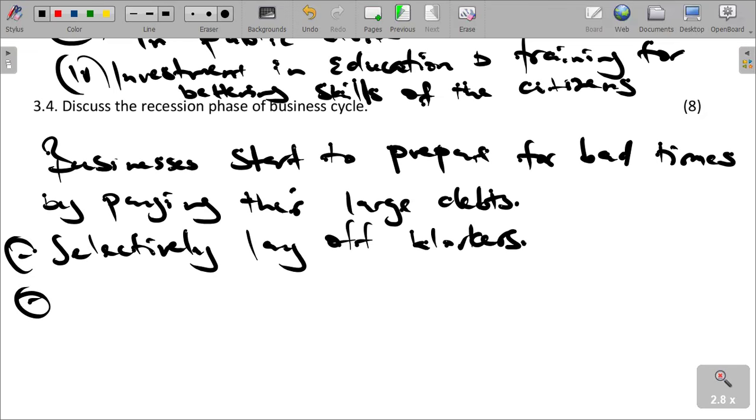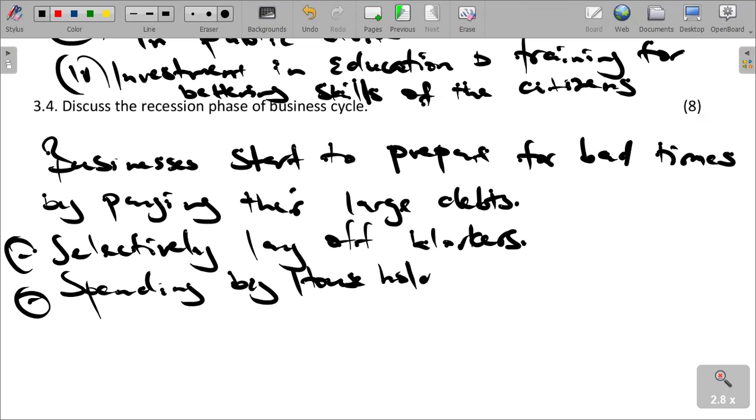We also talk about spending by households and profits. Spending by households and profits by businesses start to decrease. Spending by households decreases and the profits fall.